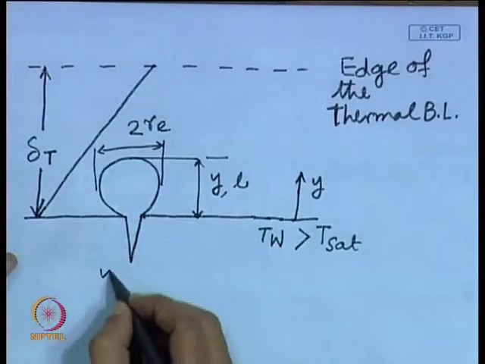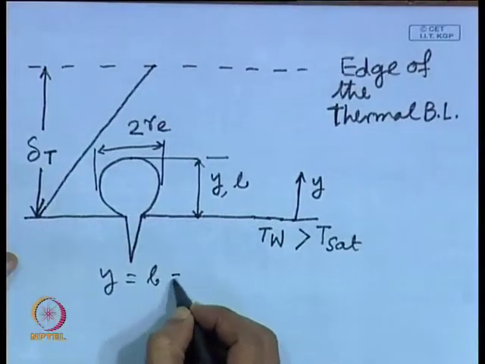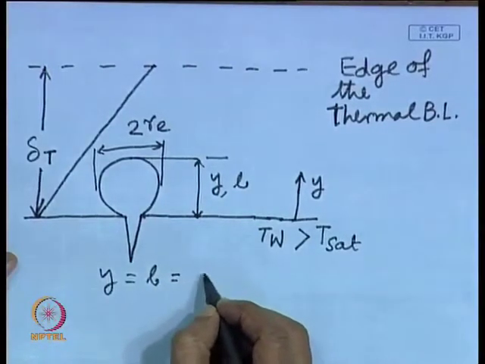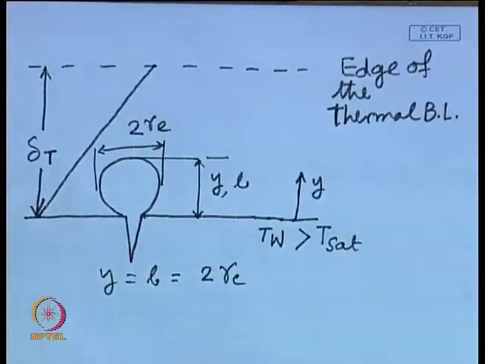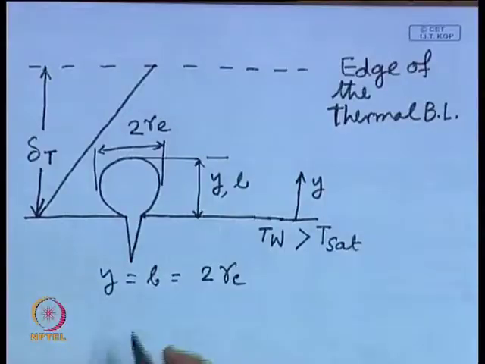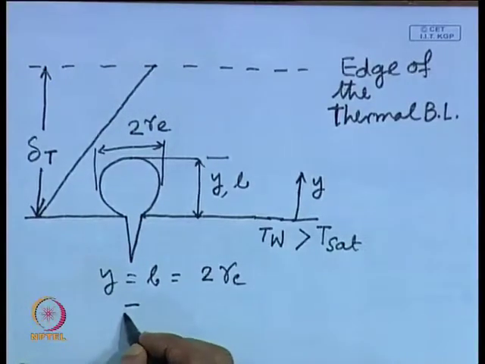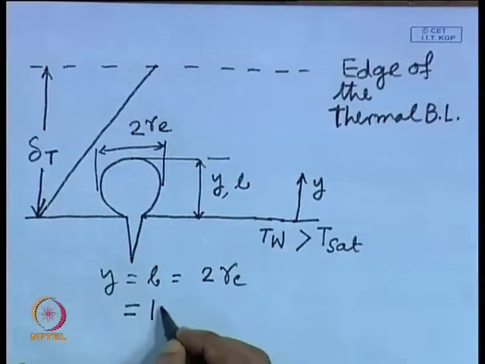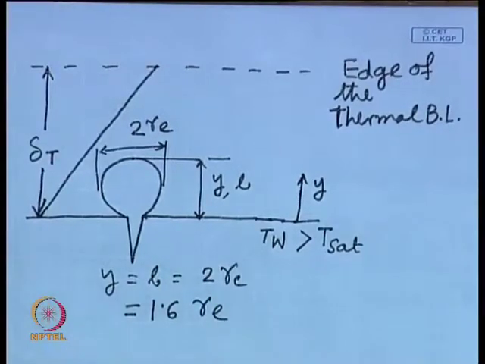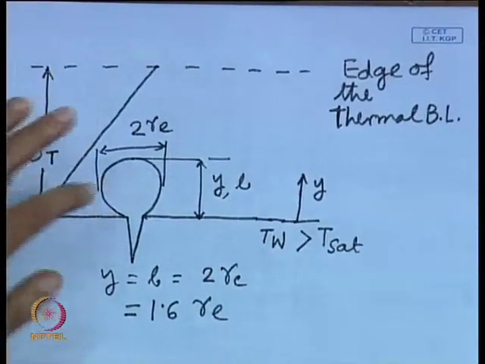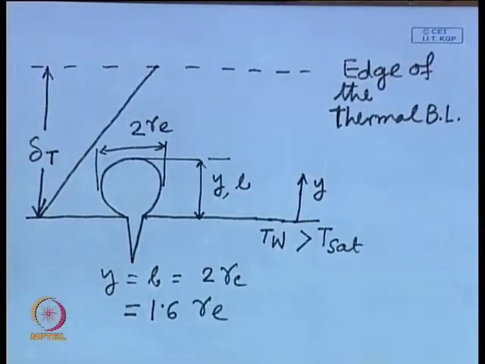So, y is equal to b, that is approximately twice R c. What is R c? R c is the cavity radius at the mouth of the cavity, and by some analysis and observation people have also got it as equal to 1.6 R e, where e is the radius of the bubble embryo.